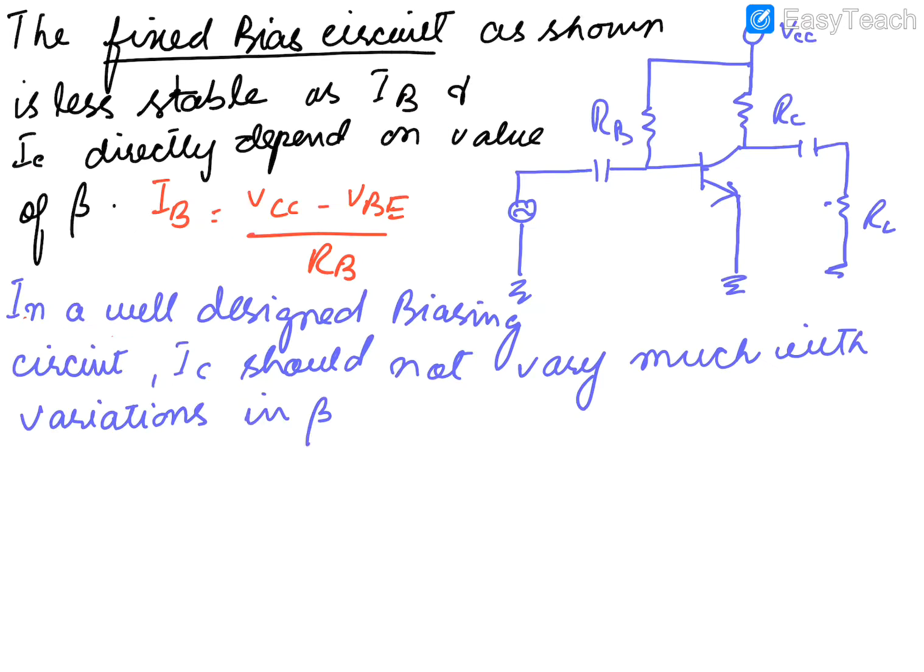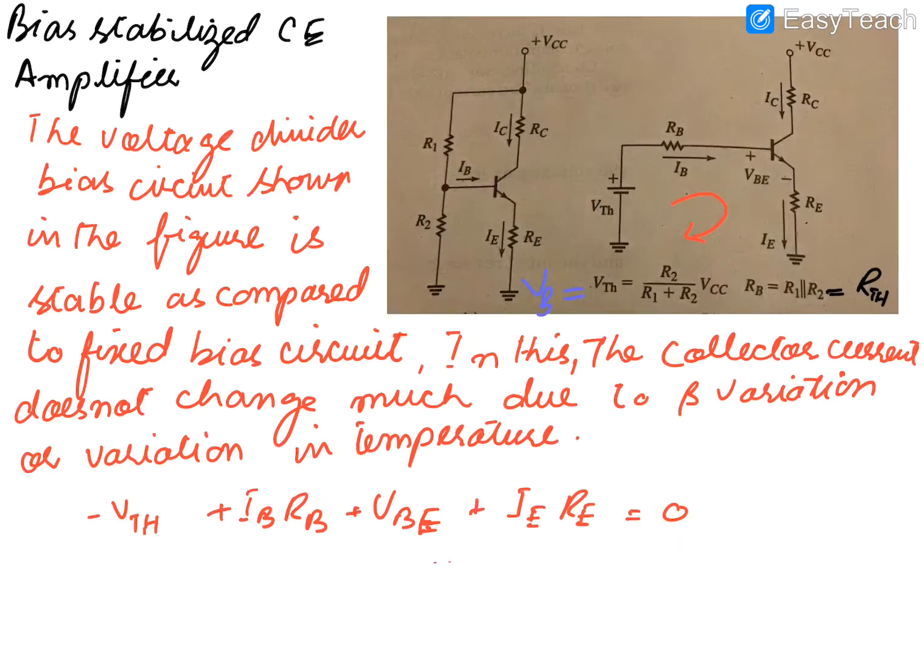and IC. So instead of using this fixed bias circuit, we will use this bias stabilized common emitter amplifier, in which there is a voltage divider bias circuit and there is an emitter resistance on the output side in series with the emitter.